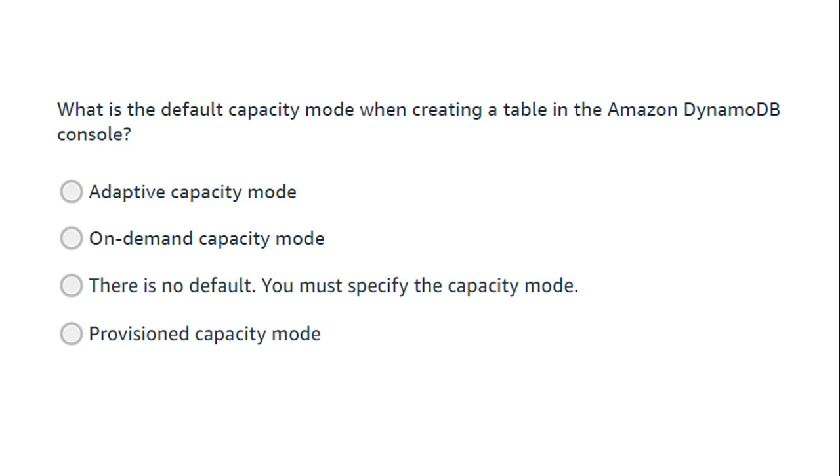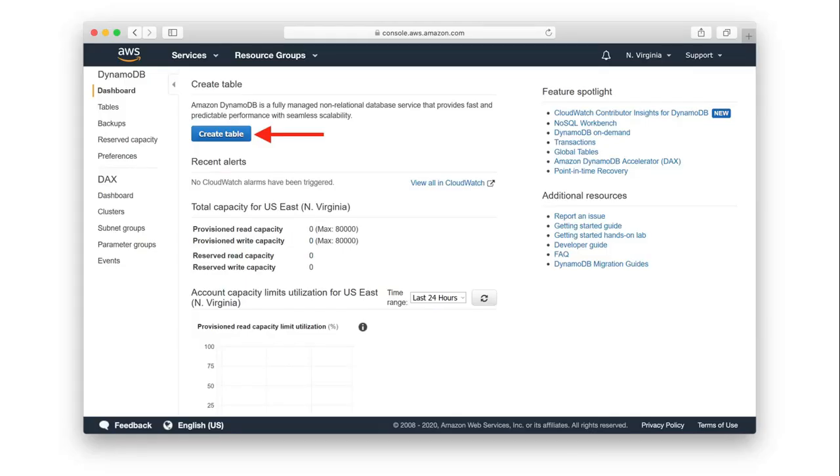Next question: what is the default capacity mode when creating a table in the Amazon DynamoDB console? Provisioned capacity mode, which we already discussed. See here, when we open a table, DynamoDB is a fully managed non-relational database service that provides fast, predictable performance with seamless scalability.